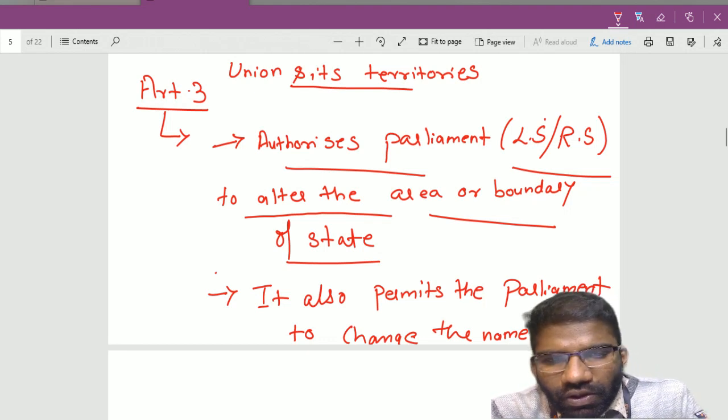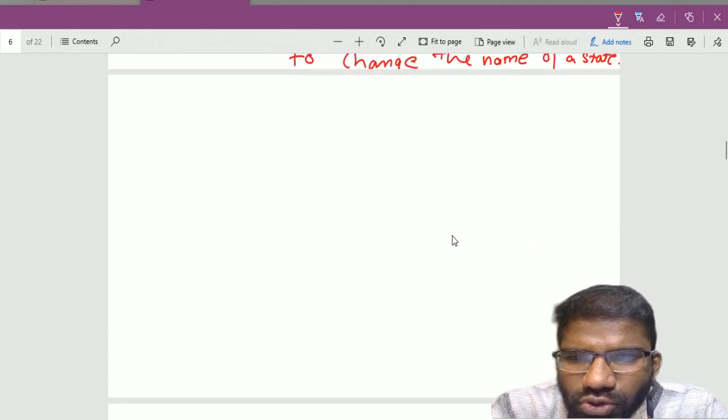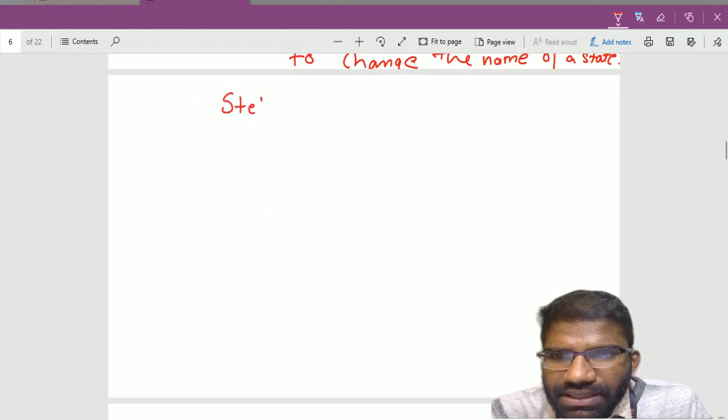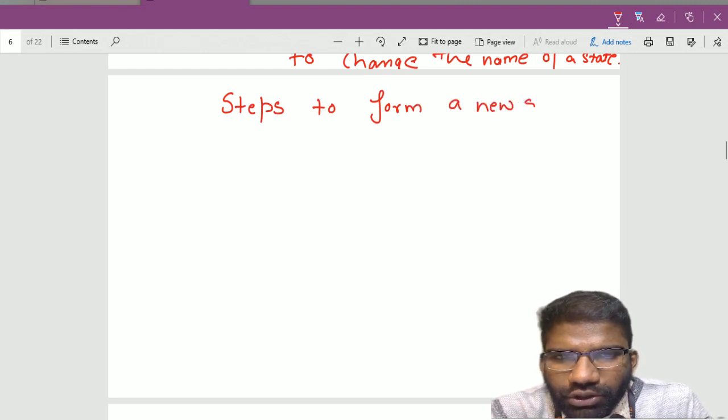Now, we will analyze how a new state can be formed. We will analyze the steps to form a new state.